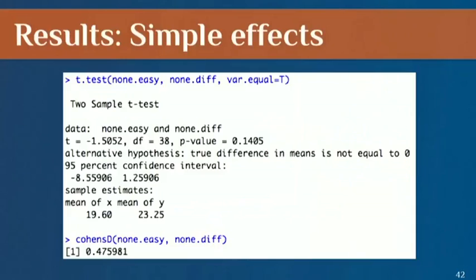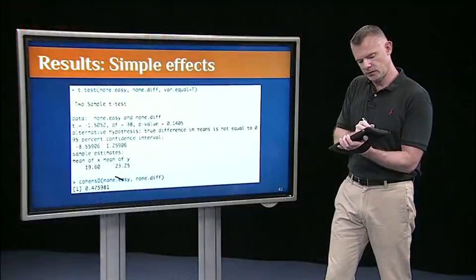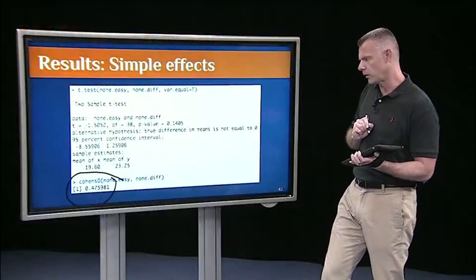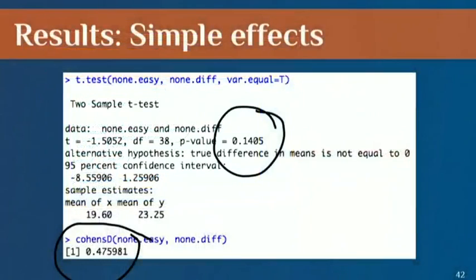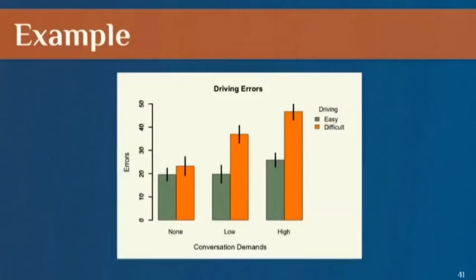It had slightly an effect. So if you look down at the Cohen's d, it's 0.47. But if you look at the p-value, it's not significant. So if we go back and look at this bar plot, what that's saying is this comparison right here is not statistically significant.